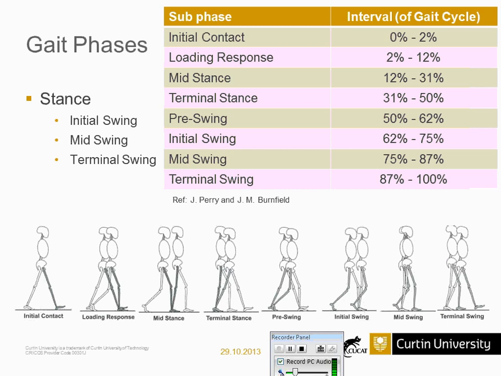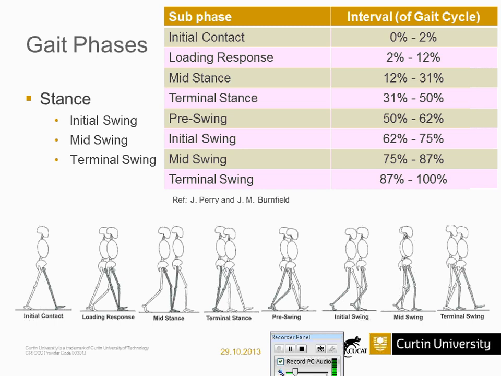And by the end of loading response, the full body weight is transferred to the reference leg. Then the other leg starts swinging. And mid stance, as you can see there, the other leg is moving halfway forward, and the reference leg, from the forward position, starts to move to a vertical position.